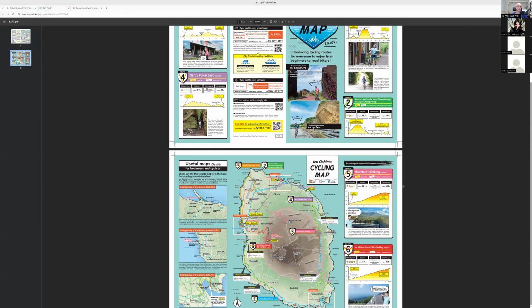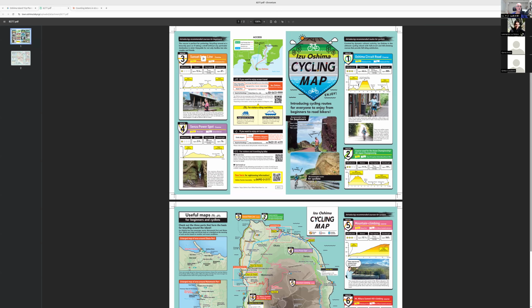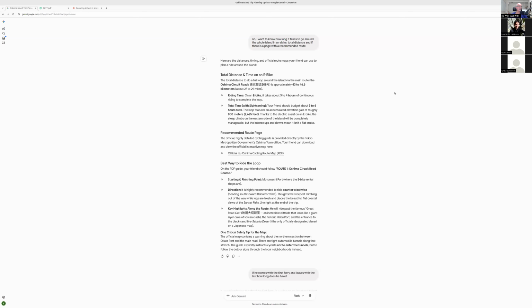But the thing is that my friend is not in super good shape, and the whole tour of the island is 46 kilometers. And I was wondering if he had time or not. So I asked Gemini about that. And then it says that the route is approximately 43 to 46, and it was, let's say, data mining some of the information in the pages.